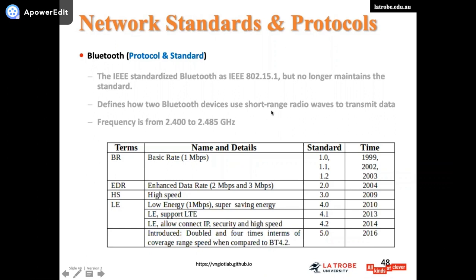The frequency for Bluetooth is also the same as Wi-Fi, 2.4 gigahertz to 2.485 gigahertz. So you may think that since Bluetooth uses the same frequency band as Wi-Fi, do they interfere with each other? The answer is yes.